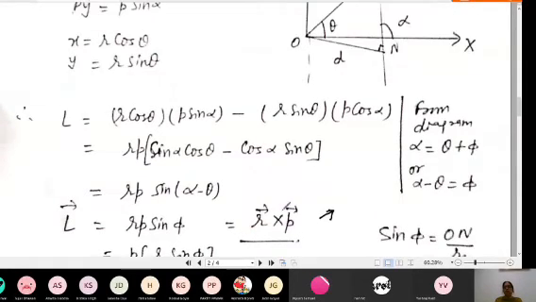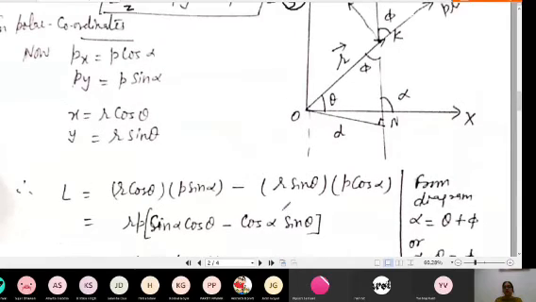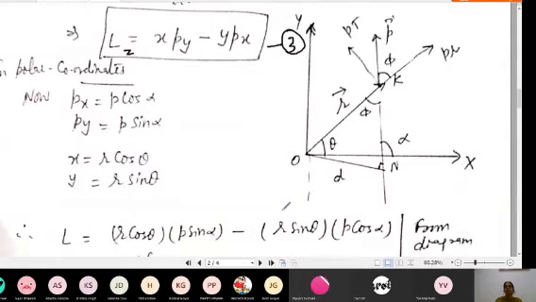So this is one important formula: the L vector can be written as r cross p vector. If you want the direction of the L vector, you have to use the right hand rule. Put your right hand on the r vector, and turn the fingers along the p vector. The direction in which the thumb points gives the direction of the angular momentum, here coming inward.